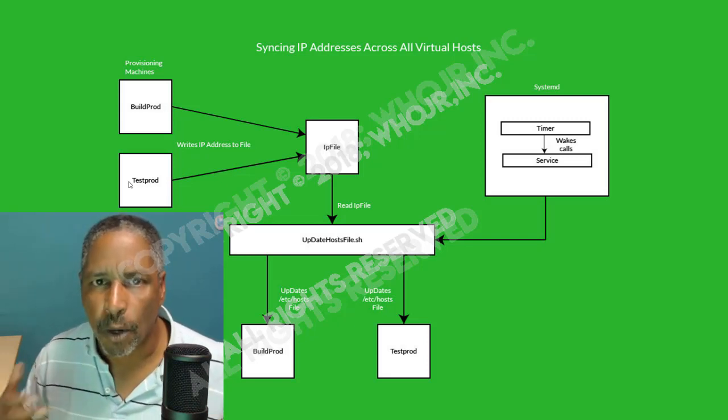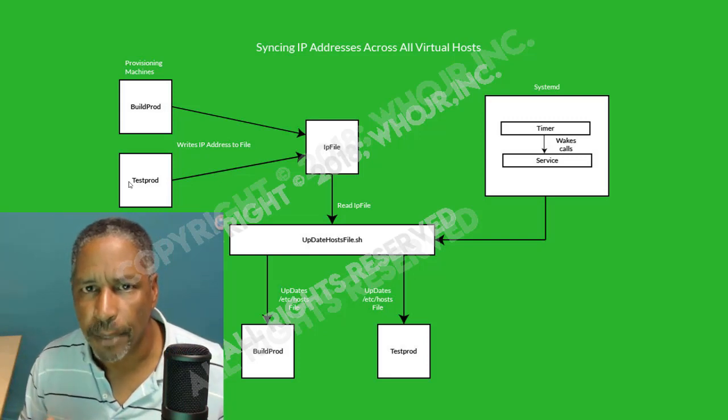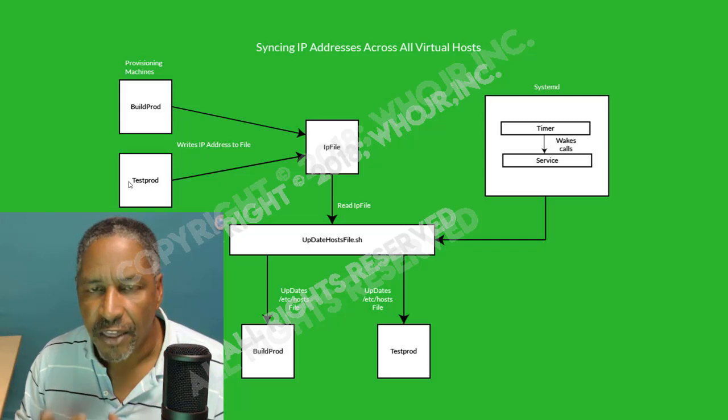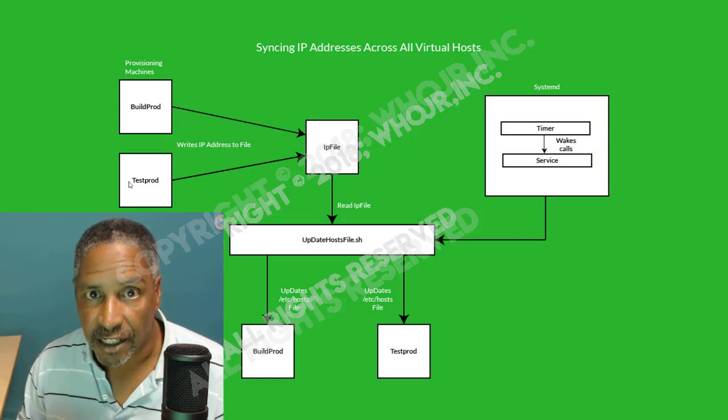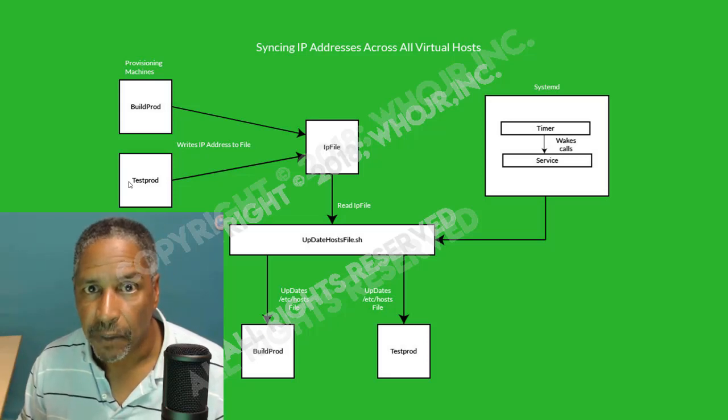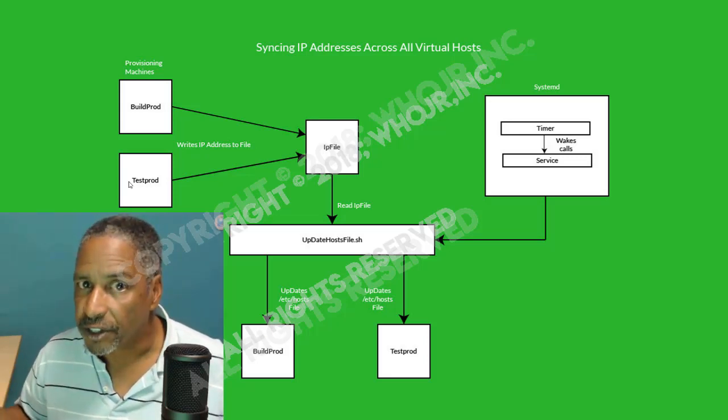So basically what we're going to have them do is write their IP to a file as they're being provisioned. Then that file is going to be read by a script, and that script is going to update the individual host files on that VM. Now, what triggers the script?